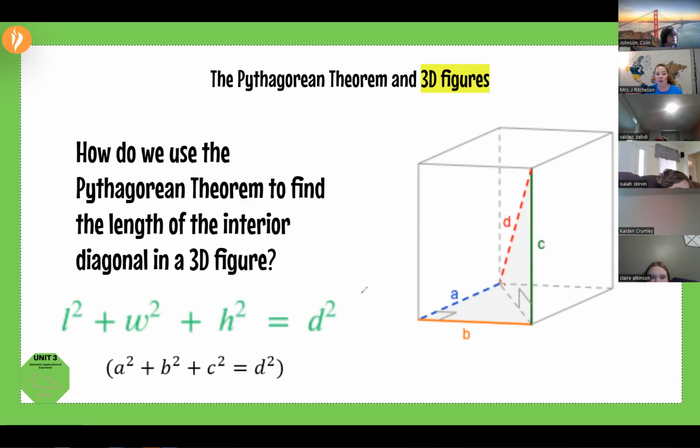When you have three numbers and you're looking for the letter D, this is the formula you use. You square everything, add it all together, and find the square root of the answer. That's what you do every time you have a three-dimensional box. That's the quick way to do it.